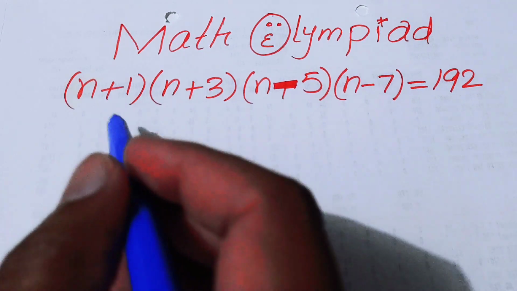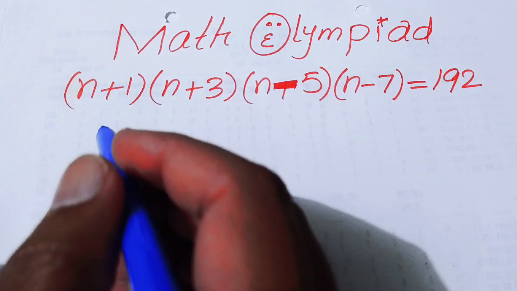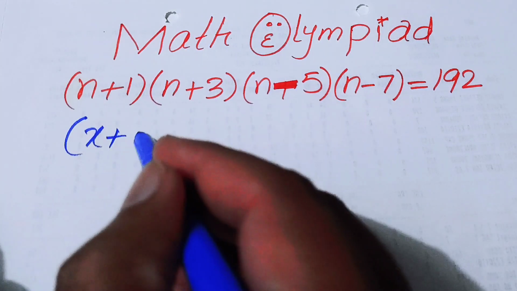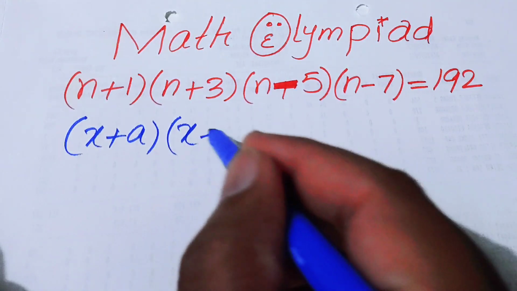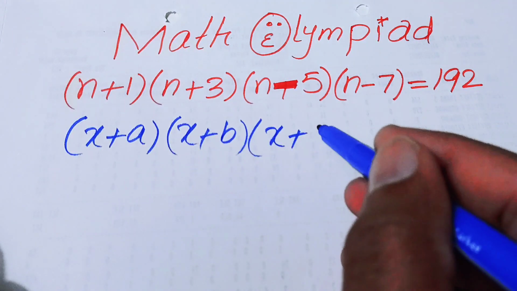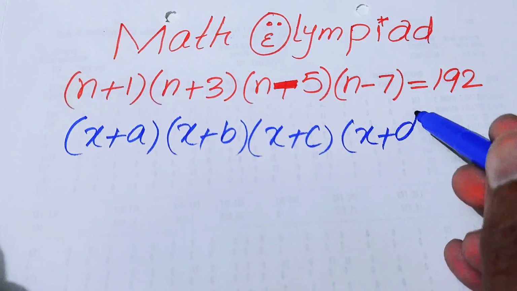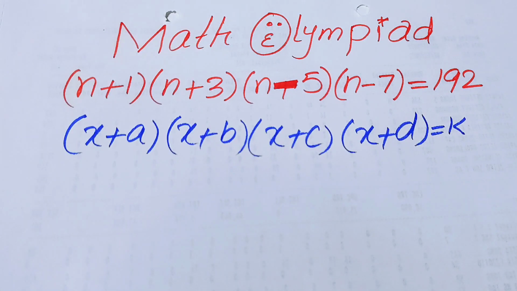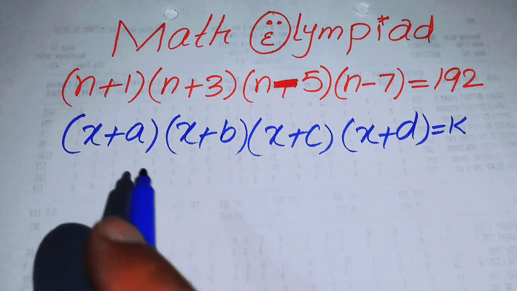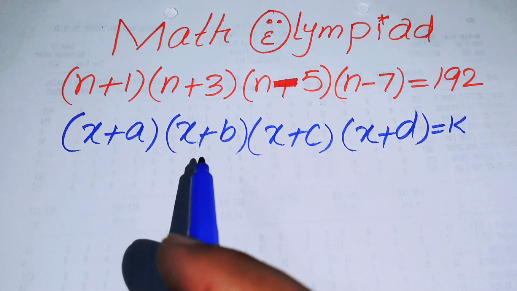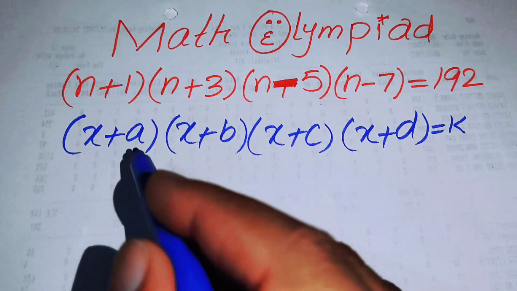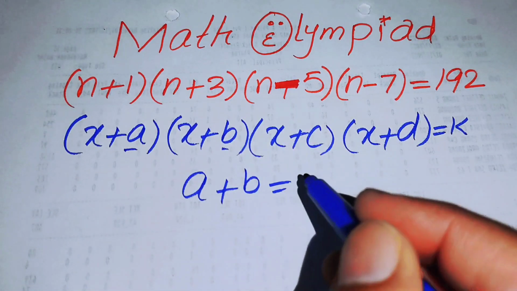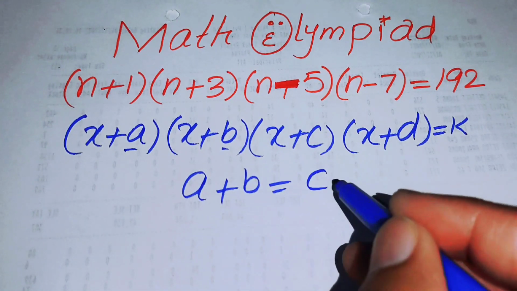First I will explain this technique. If you have some factors in this form, (x + a)(x + b)(x + c)(x + d) = k, then remember one thing: you will arrange all the factors in this form if they hold this condition: if you add a + b, it equals the sum of c + d.